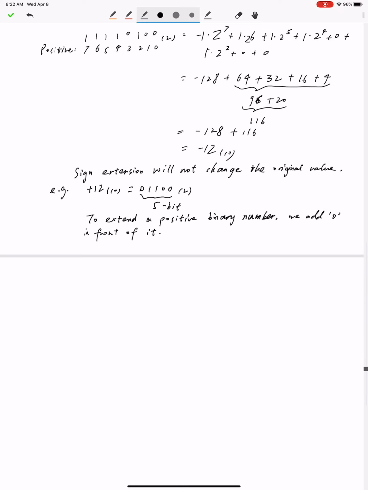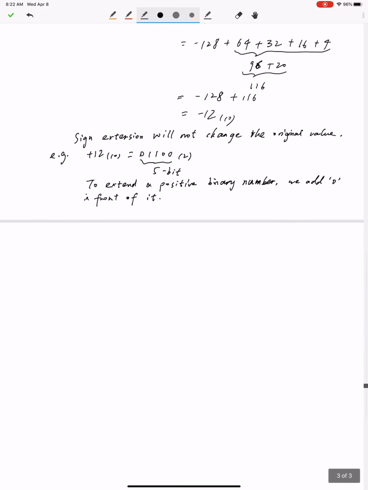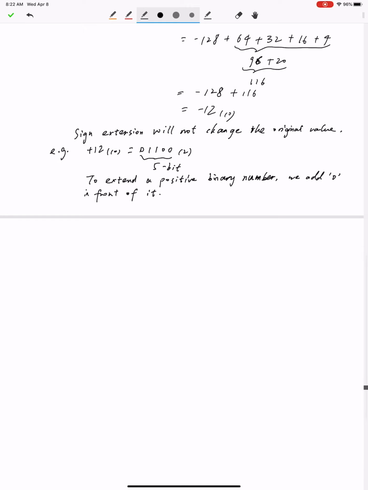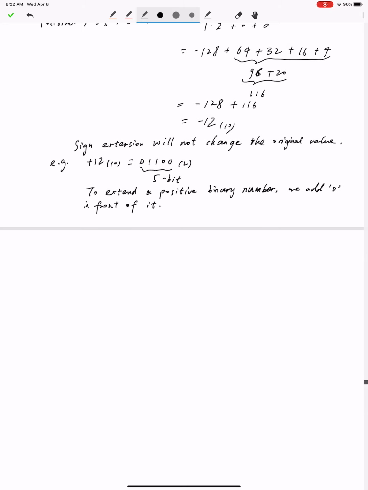For instance, this number is a 5-bit signed binary number, and it's also a positive binary number. We want to extend it to 8-bit. Then we just need to add 3 zeros in front of it, and this becomes an 8-bit positive 12.